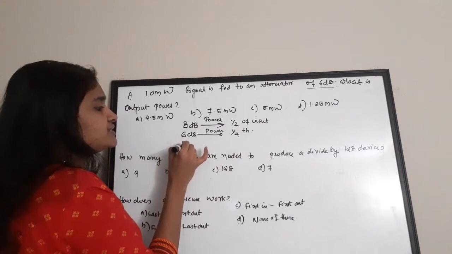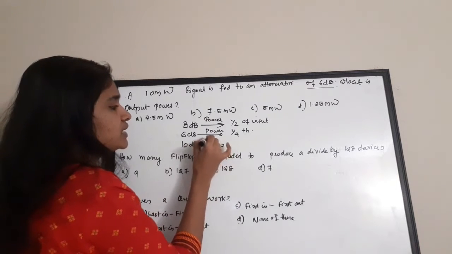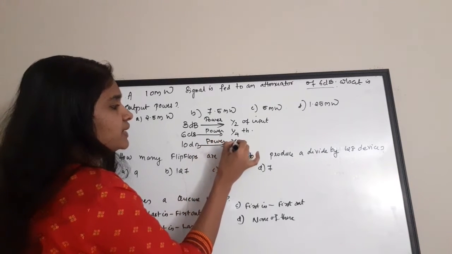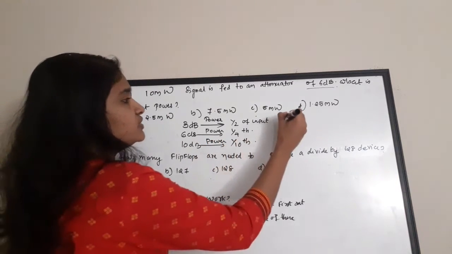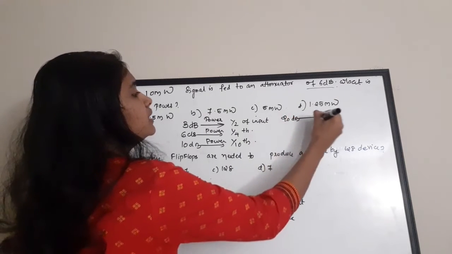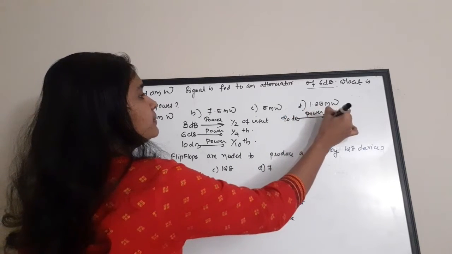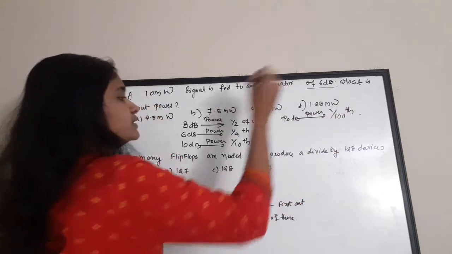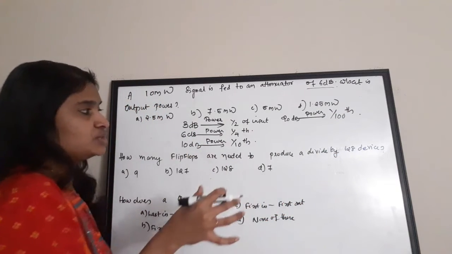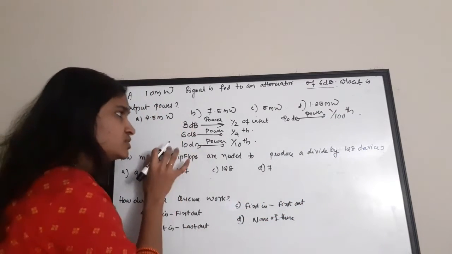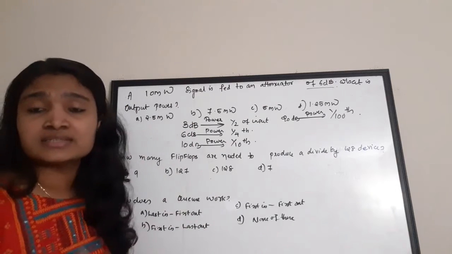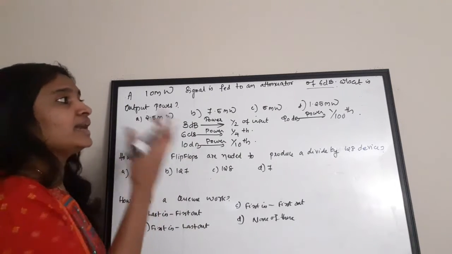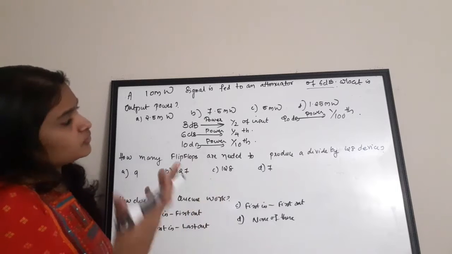If it is a 10 dB attenuator, your power reduces to 1/10. If it is 20 dB, the power reduces to 1/100. So this is the simple relationship you have to follow. And if you know this, you don't have to go for any calculations or equations. You can directly answer this type of questions.